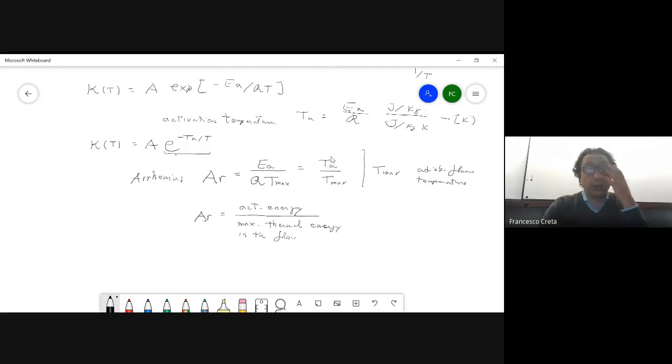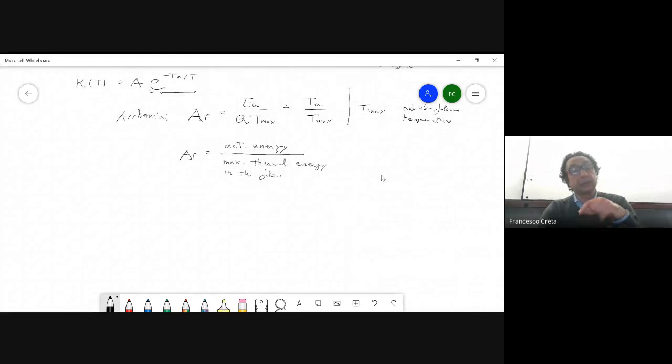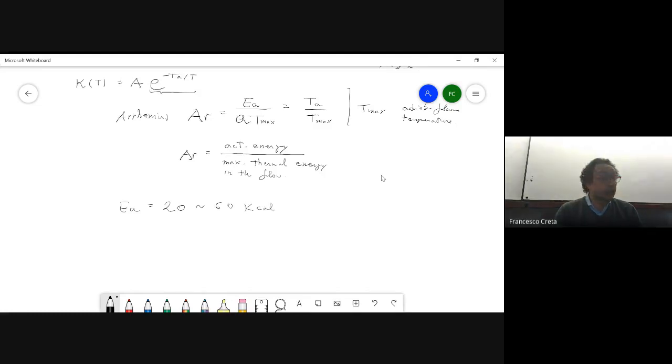Now, we don't know whether this Arrhenius number is actually bigger or smaller than 1 at this point. But what we know is the activation energy that is typical for combustion reactions is between, let's say, 20 and 60 kilocalories per mole.